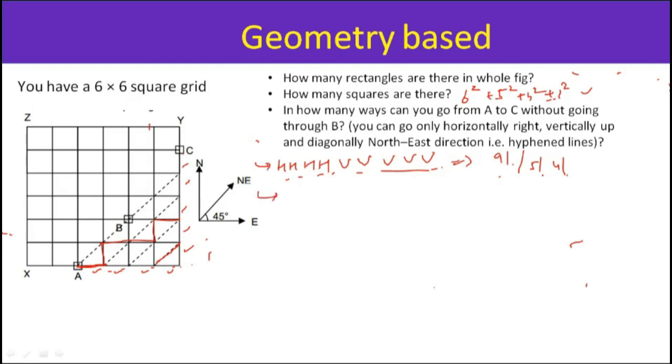A pair of horizontal and vertical will get replaced by a diagonal. So if I can use one diagonal line, it will be like this. Similarly, if I have to use 2 diagonal lines, D, D, V, V, V. Similarly, I can use 3 diagonal lines.